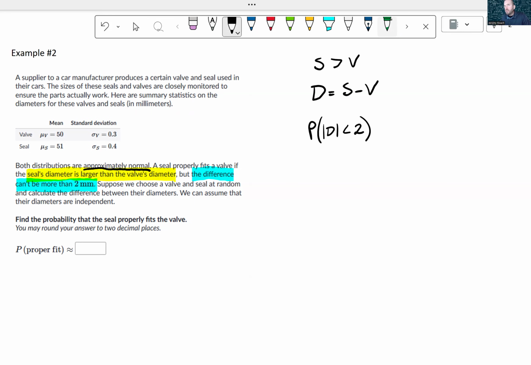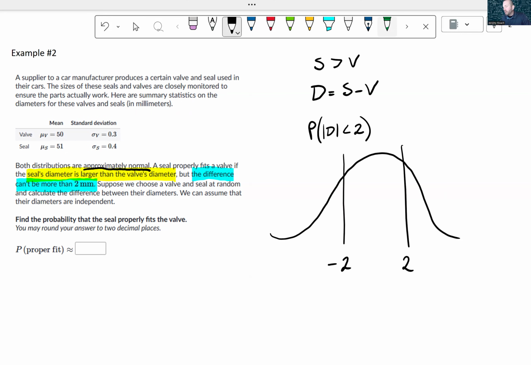But we can't say that in this problem, because if we did, then we would be looking at a distribution between -2 and +2, and we would want to find the probability between those, but there are no negatives.